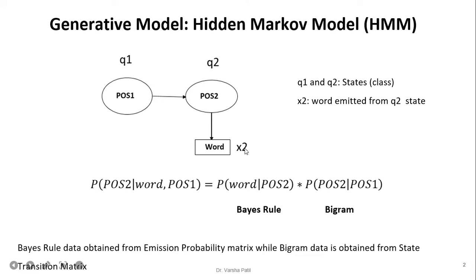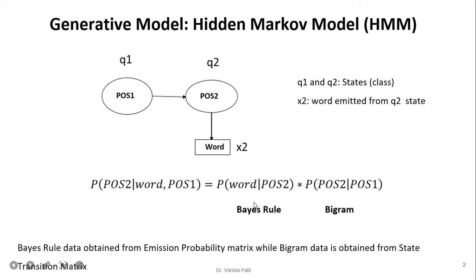We have x2, so this is the state transition and this is the emission. Here ambiguity is there. For example, this may belong to a variety of POS tags, so we just want to identify which category it belongs to. q1 and q2 are states, x2 is a word which is emitted from the q2 state.